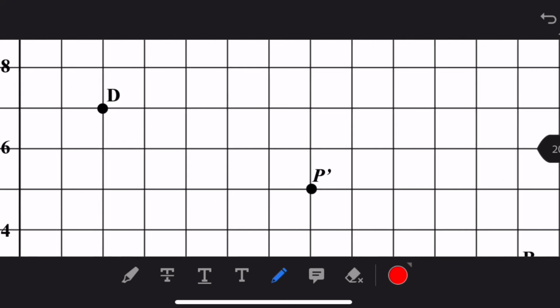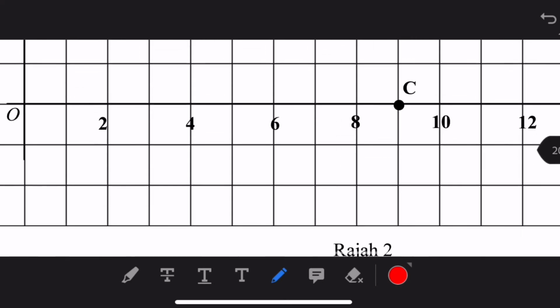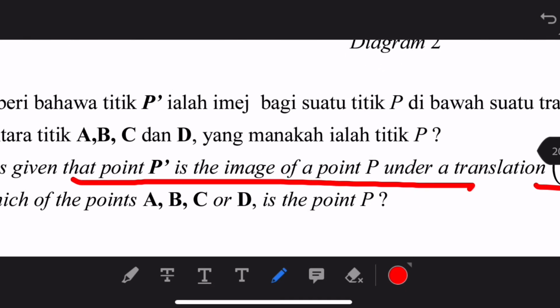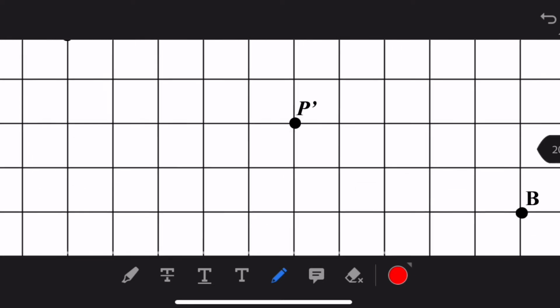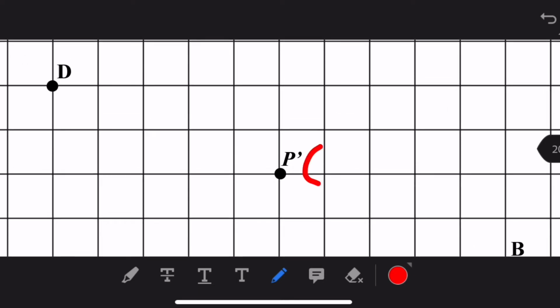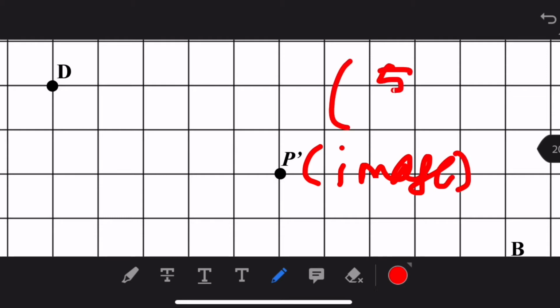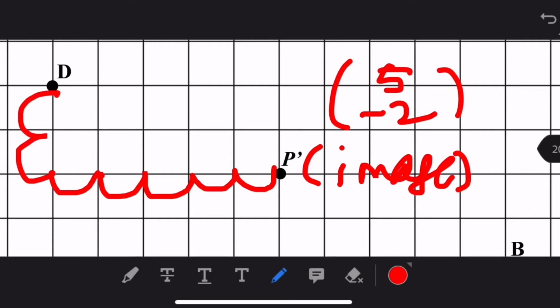Translation is (5, -2). Okay, so we are asking which of the points A, B, C, D is the point P. That means this is the image, so the translation is (5, -2). So we are going to go in reverse to find back the object: negative 5 and positive 2.